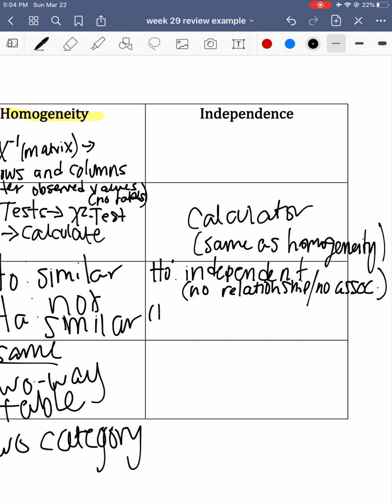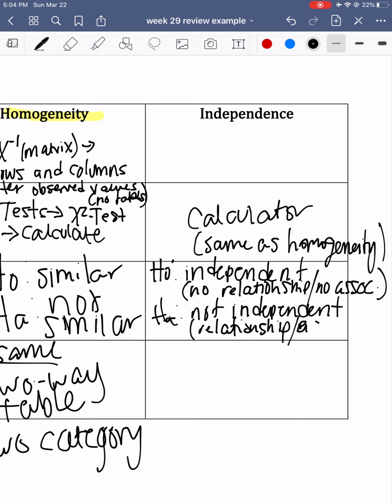Alternatively, that's why we call it our alternate hypothesis, we have that they are not independent, and that there is a relationship. If they're not independent, then they affect each other; there is a relationship going on, or an association.